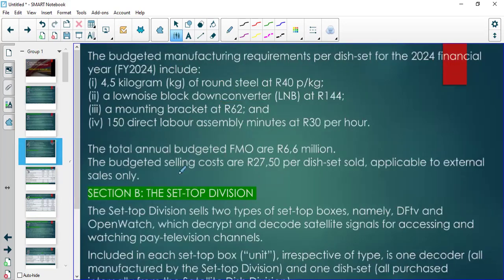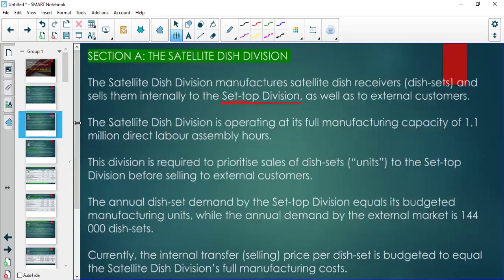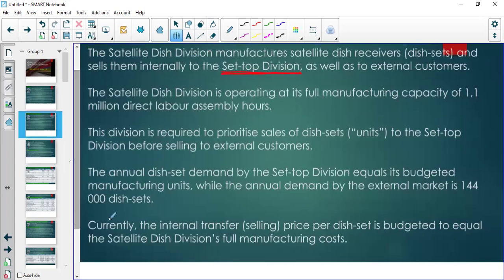Where is the information? There is some information there. Currently, the internal transfer price per dish set is budgeted to equal the full manufacturing costs. So full manufacturing costs will include your fixed manufacturing overheads, right?